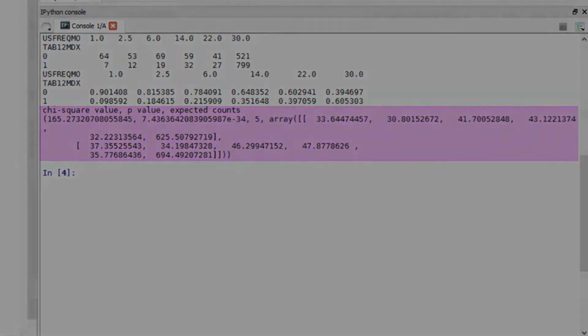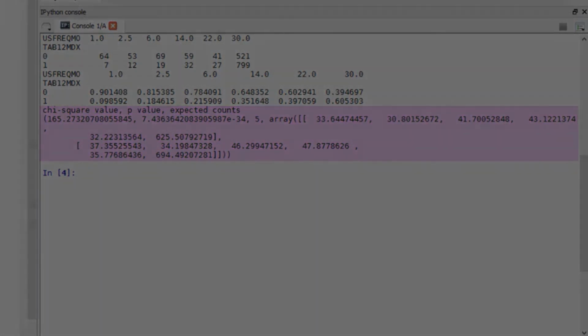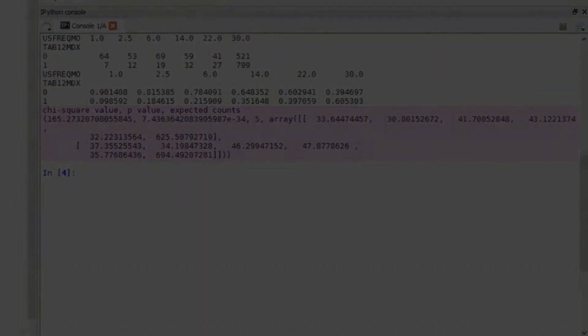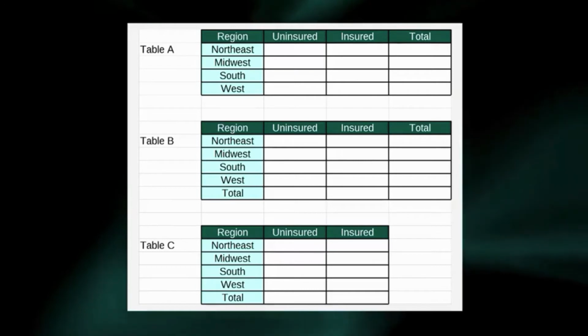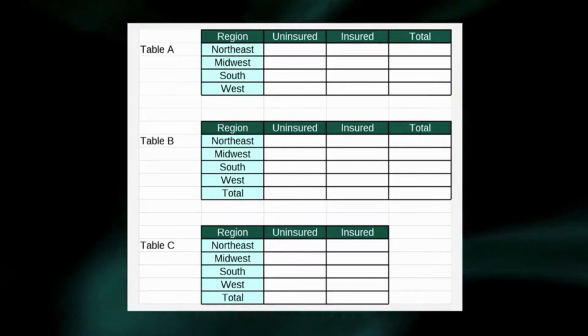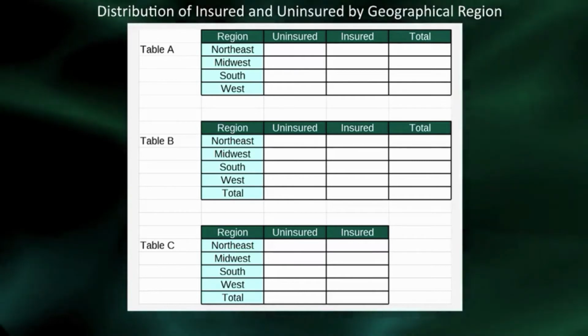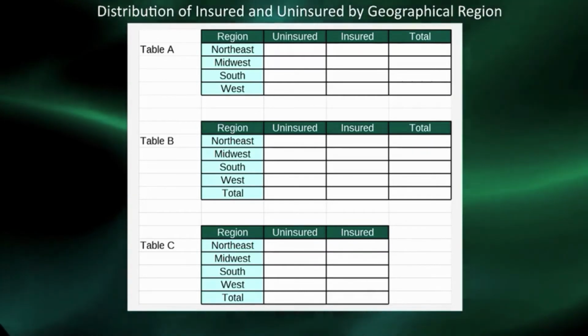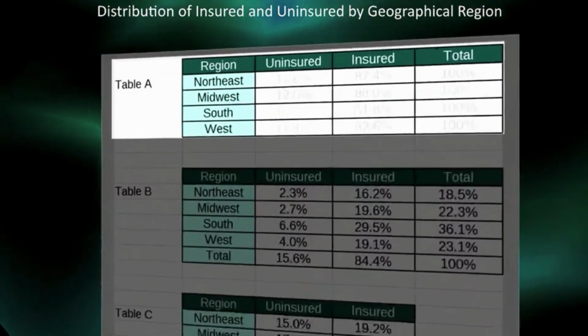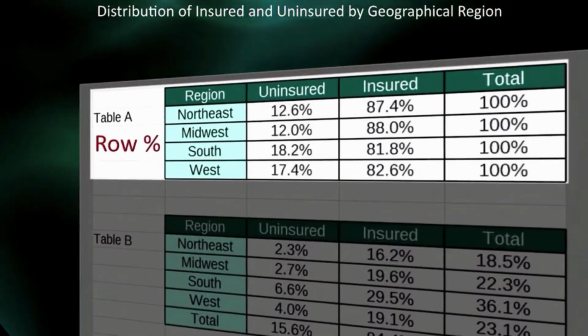To better understand this choice, let's look at 3 different tables that pull apart the different numbers represented in a crosstabs contingency table. For our example, we're going to use percentages from a chi-square table examining the distribution of insured and uninsured individuals by geographic region. Table A shows row percentages.